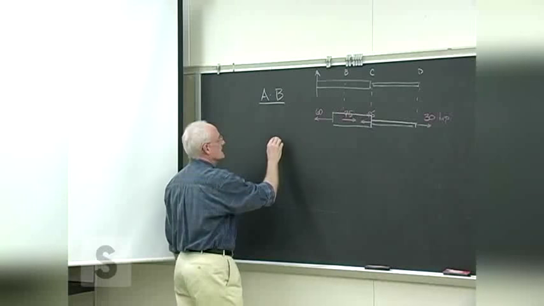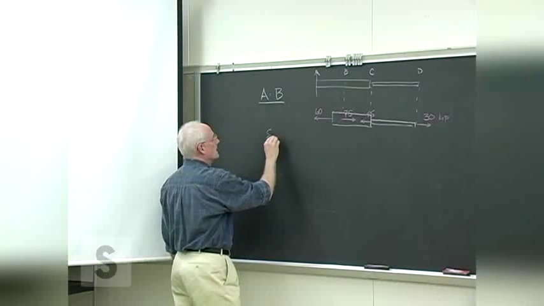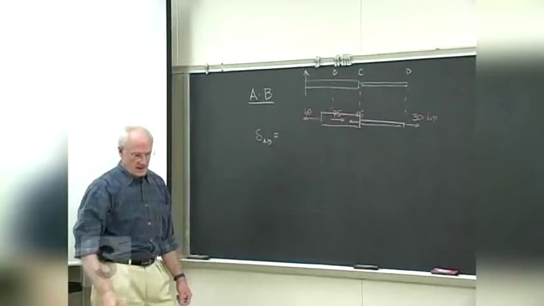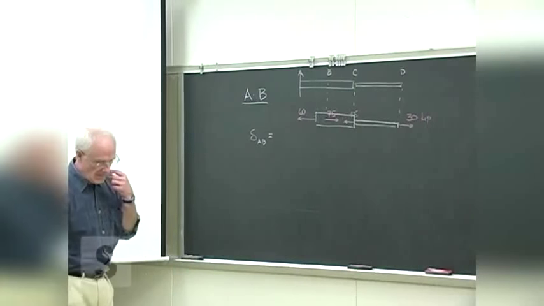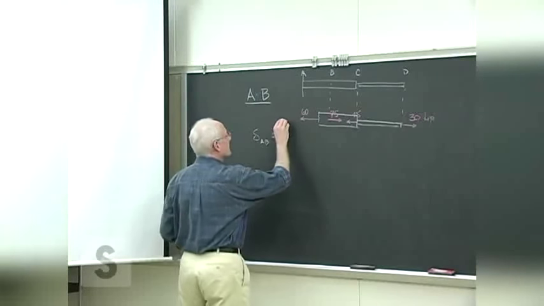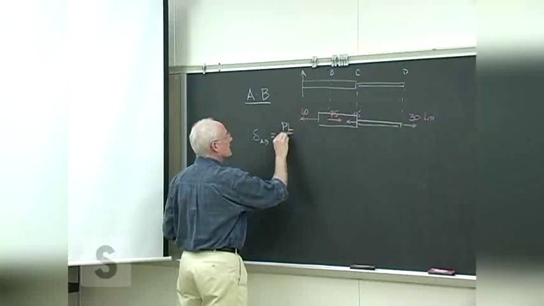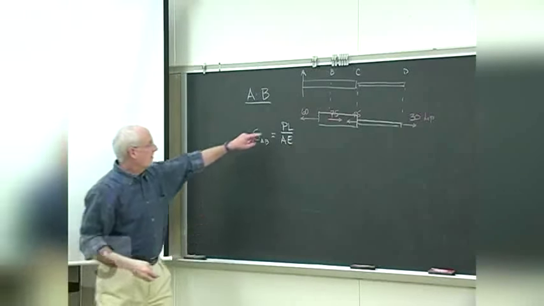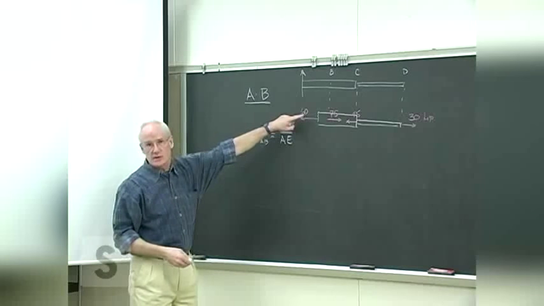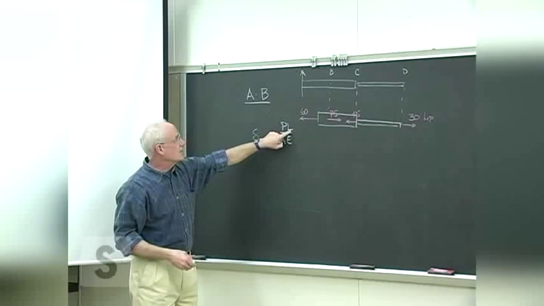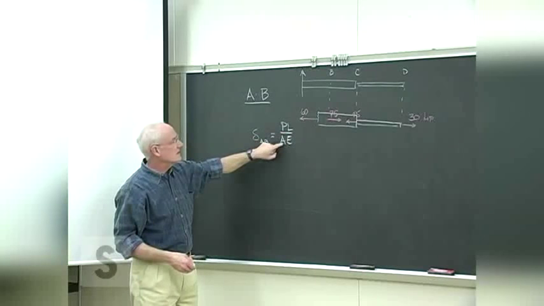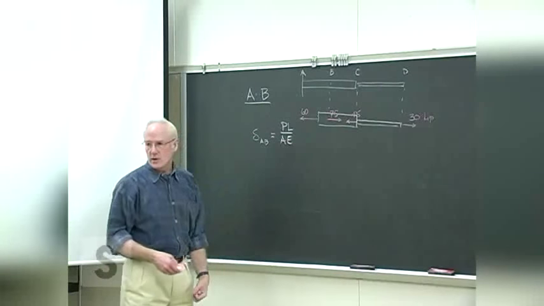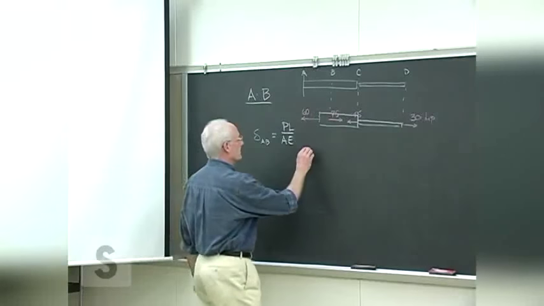So now we know that in section AB, its deformation comes from however much load is in that piece, which we just found out is the 60, its original length, which is the 12 inches, its original area, the 0.9, and the given modulus of elasticity.